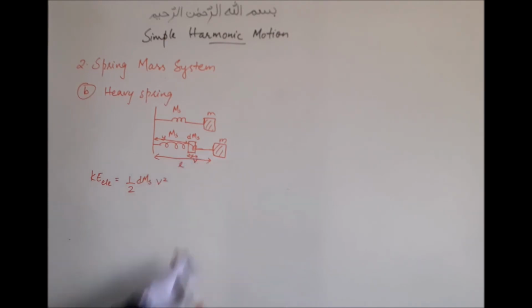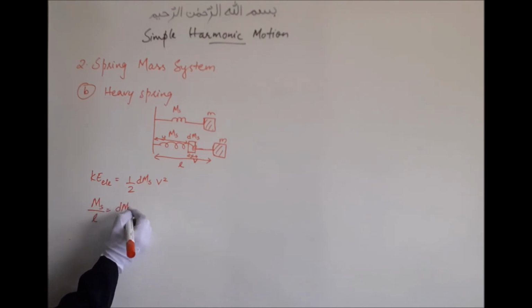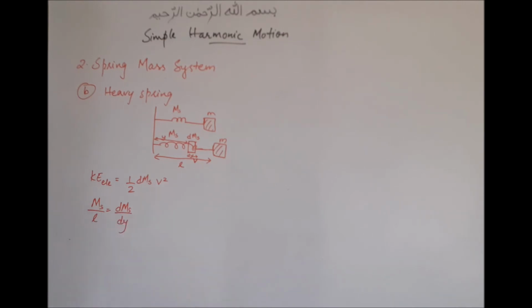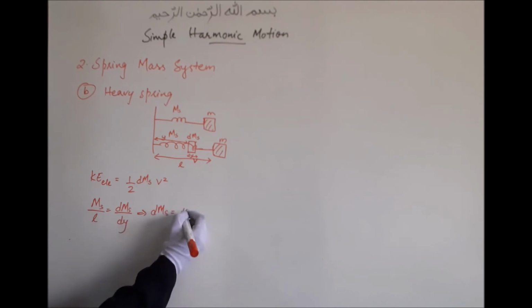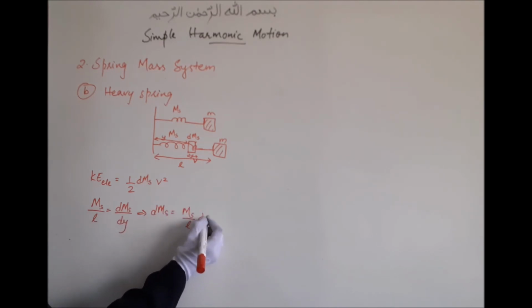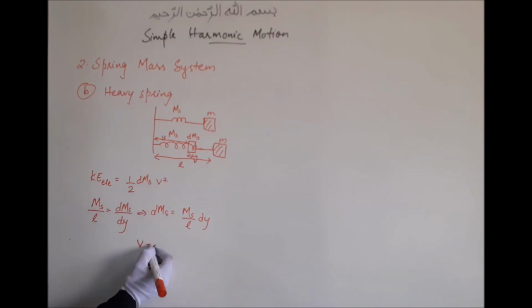Now since the spring is uniform, we can write the linear density as ms upon L is equal to dms divided by dy. So here dms can be written as ms upon L into dy. And we can also write the velocity of that element as y by L into x dot.